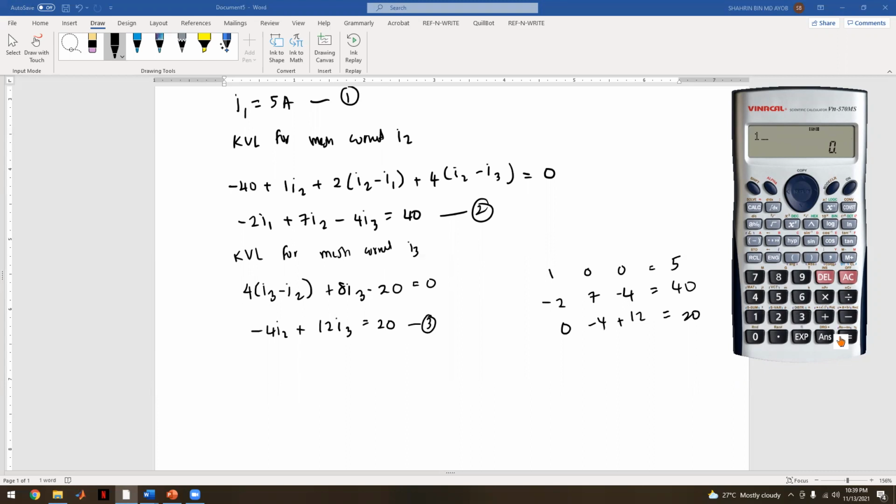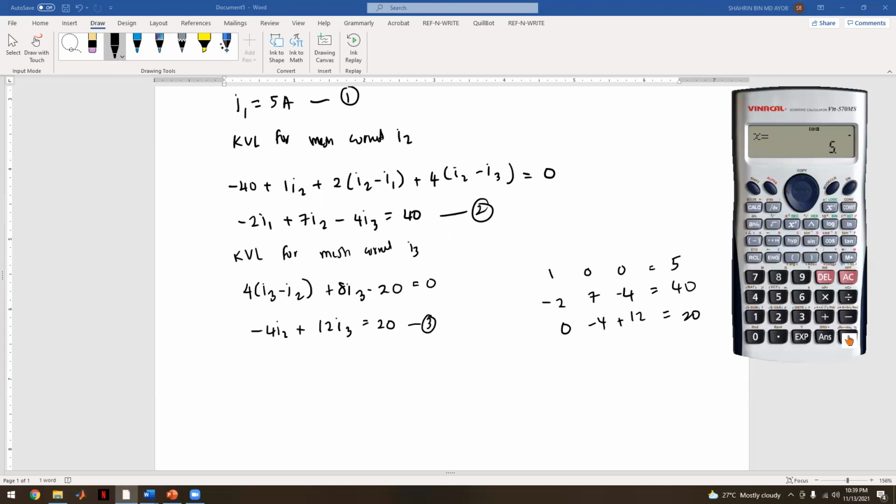So you have 1, 0, 0, 5, and the second row is negative 2, 7, negative 4, 40, then 0, negative 4, 12, 20.